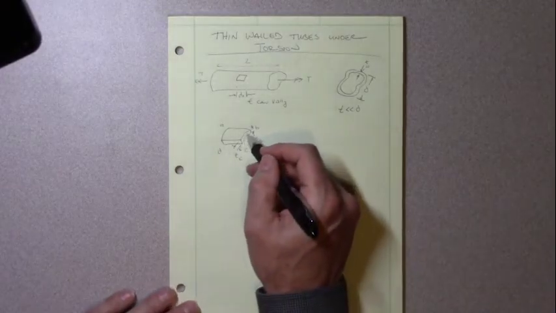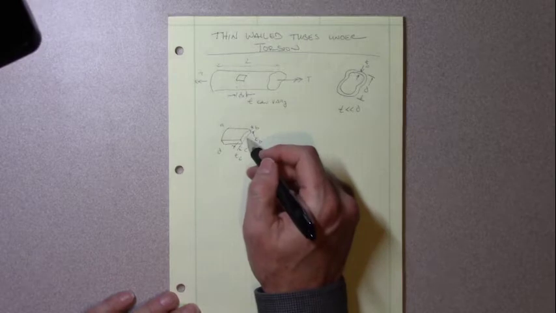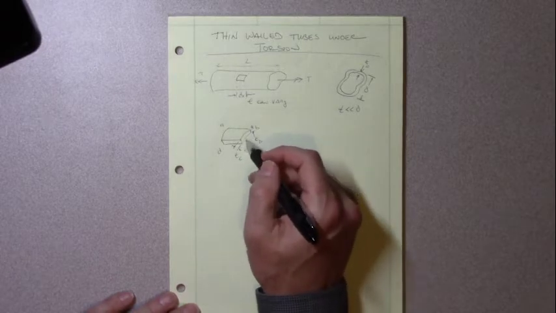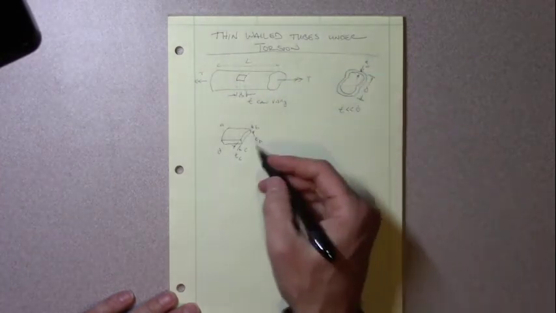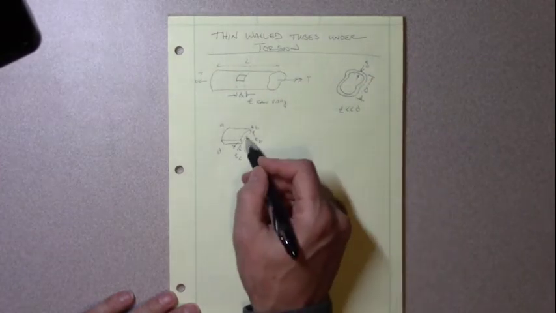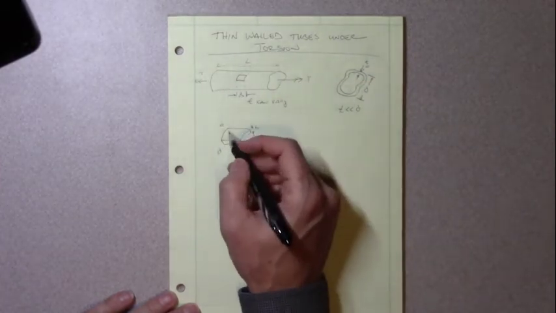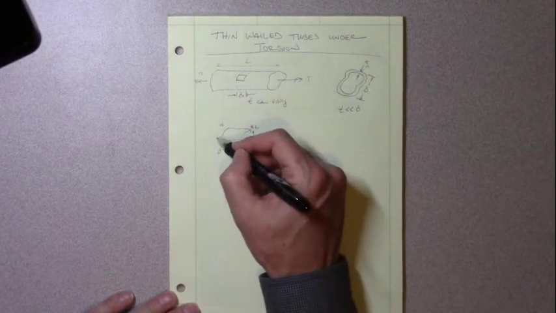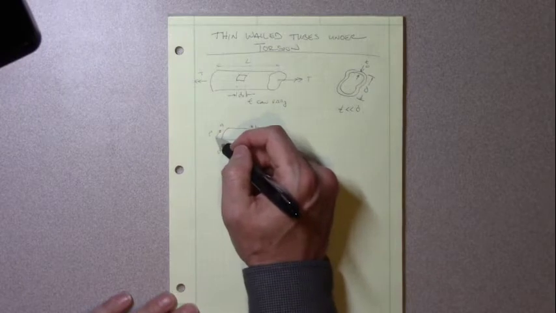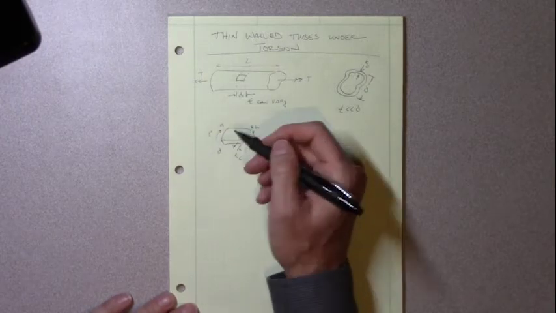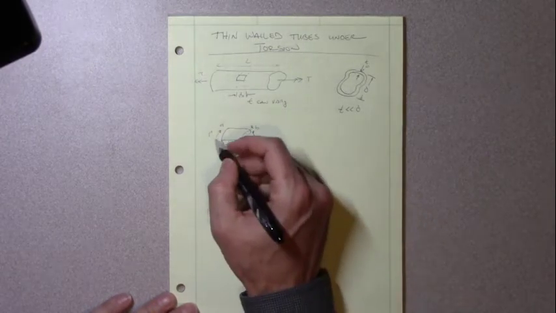Now, on this face here, we can tell that there's going to be a shear stress. With this torque that's being applied, this torque is going to create a shear stress on here. So we end up with a shear stress here, tau. Well, actually, this one is going to change.